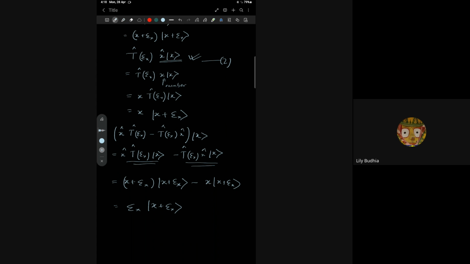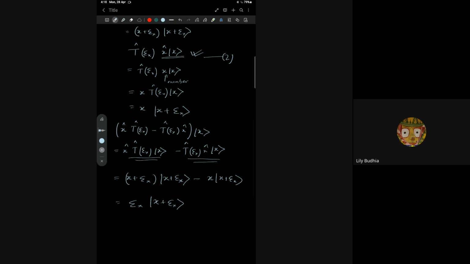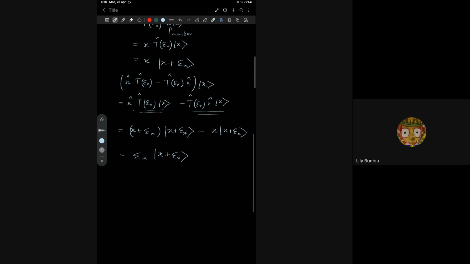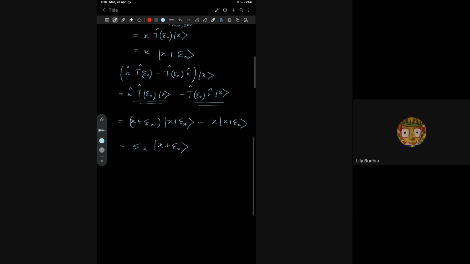Now let us try to see what is the state x plus epsilon x. This is basically what we find by the generator. So this is nothing but E epsilon x operating on state x.